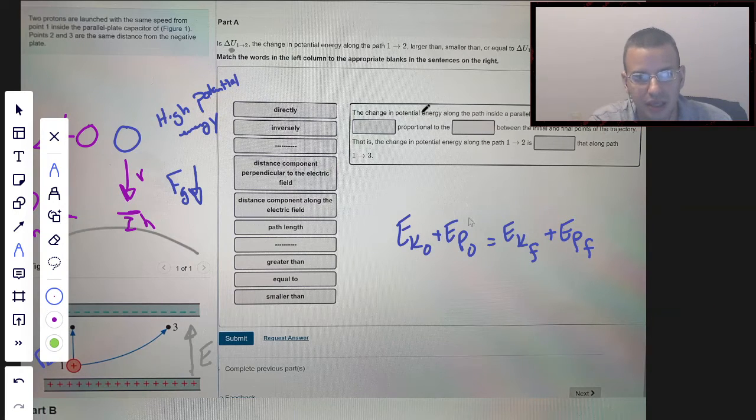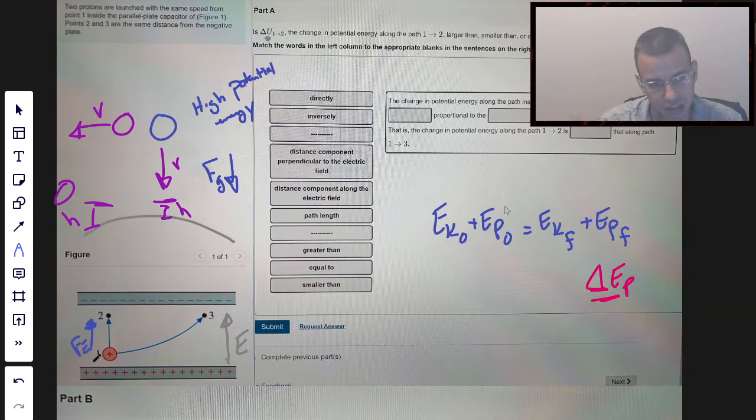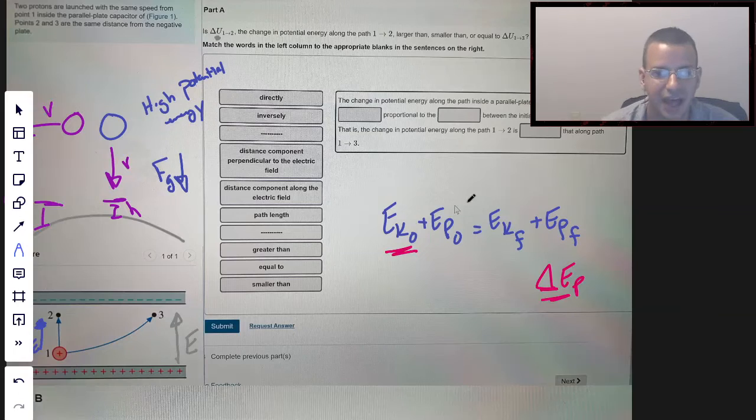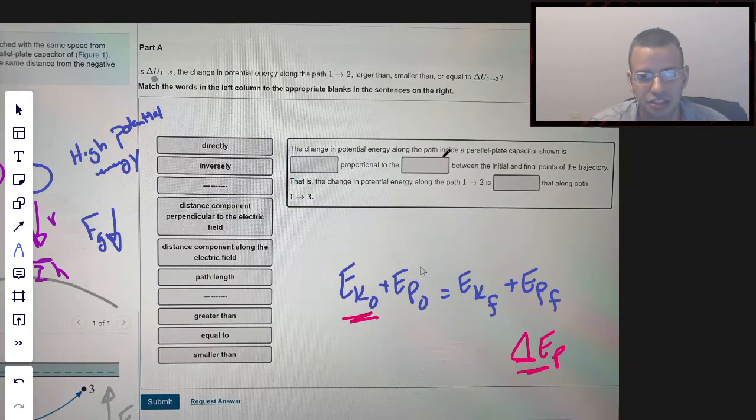We don't care about the potential energy per se as much as the change in potential energy, so potential energy final minus potential energy initial. Both are initially launched with the same speed, so the initial kinetic energy for both of these is the same. And therefore it asks us the change in potential energy along the path inside the parallel plate capacitor.